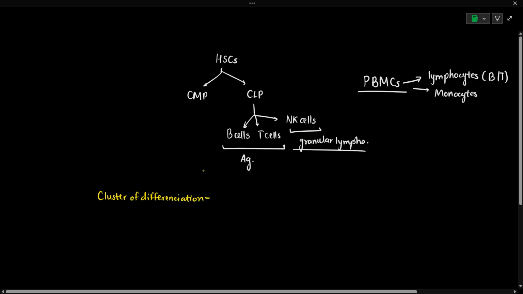It is the category of cell surface proteins which could act as signaling proteins, as simple cell surface receptors, or they can also be adhesion molecules. They form a cluster over the surface of those immune cells, and with the help of identification of those clusters, we can identify those cells, because all of those cells are going to have different clusters of those molecules at different developmental stages, right?